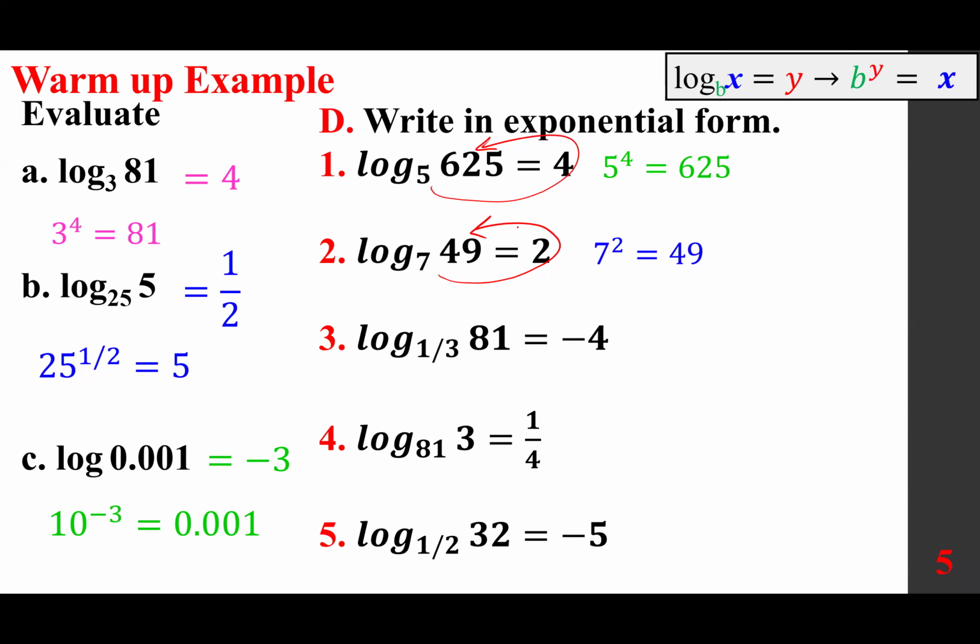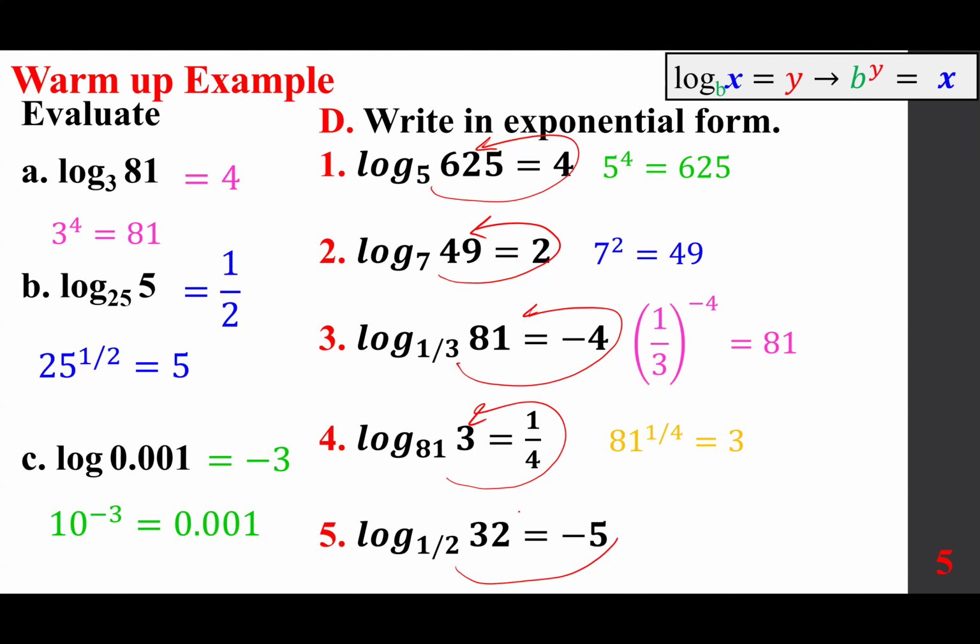Seven squared is 49. One third to the power of negative 4 is 81. 81 to the power of 1/4 is 3. 1/2 to the power of negative 5 must be 32. So those are very straightforward, everybody.